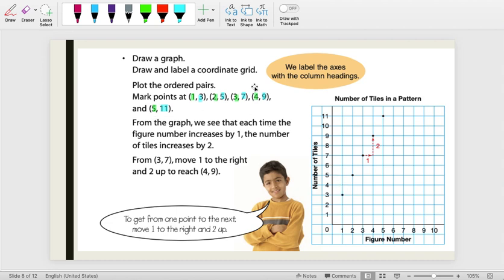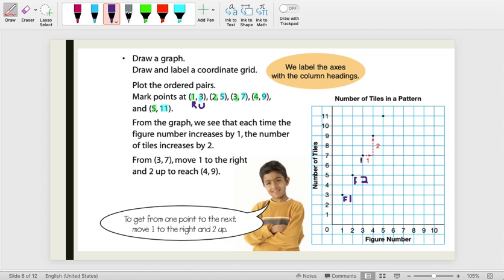So then what we do is we plot them. So first we go to the right 1, and then we're going to go up 3. So right 1, up 3. Okay? And we can label that, if we want, figure 1. You could label it F1 if labeling it helps you. So that's the very first drawing. This will be F2.